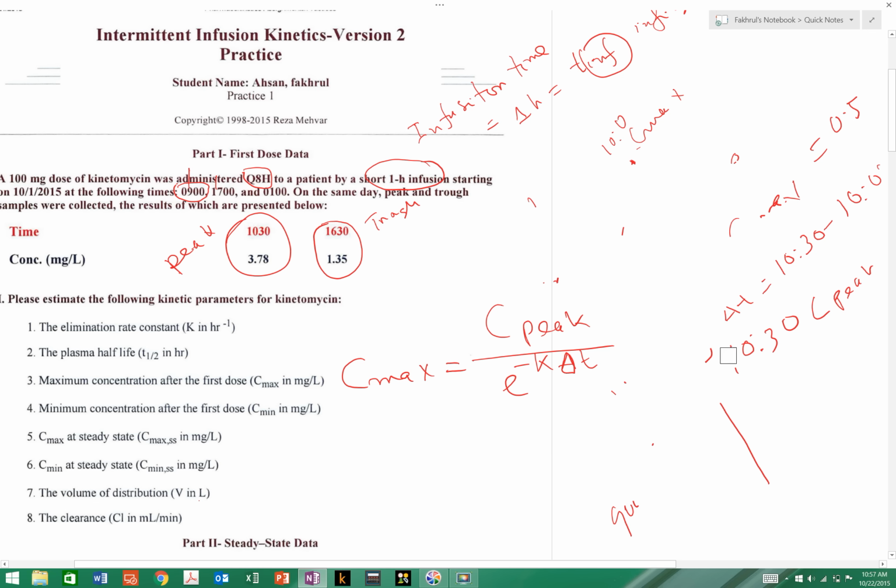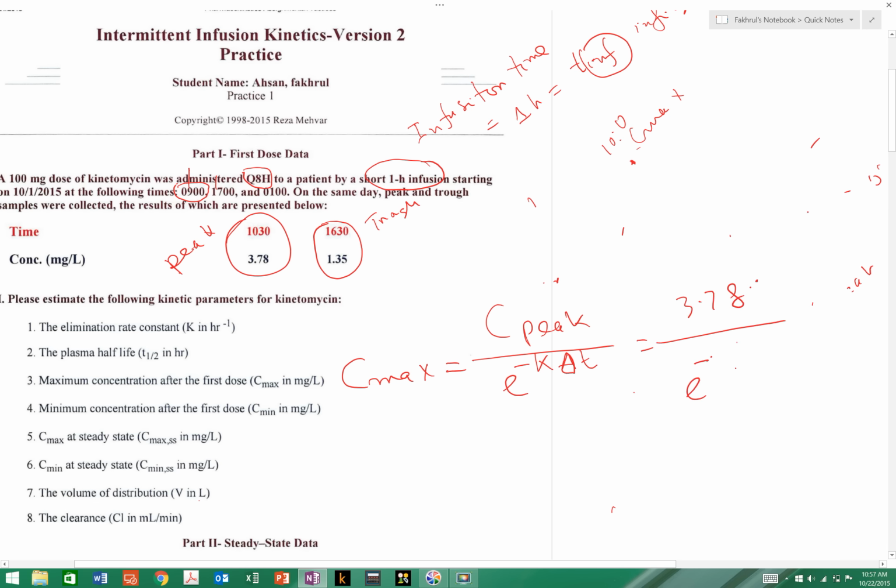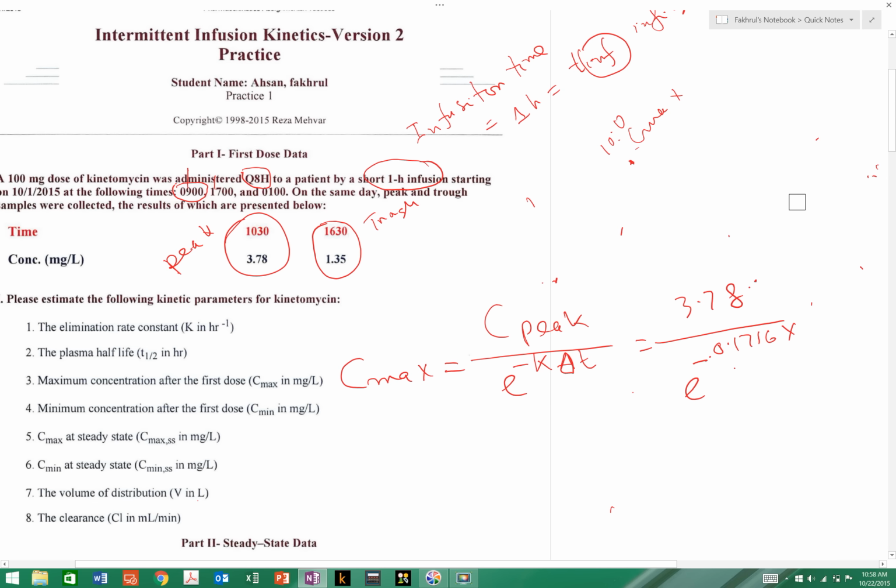So to calculate Cmax, you put Cp. You know already what is your Cp, which is 3.78, e to the negative. We know our K is 0.1716, and we know that delta T, which is 10:30 minus 10, is going to be 0.5.